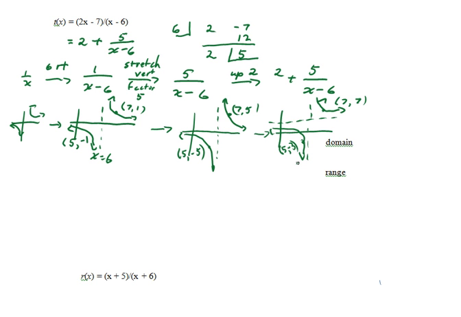So we need to avoid y equals 2 and x equals 6. The domain is -infinity to 6, union 6 to infinity. The range is -infinity to 2, union 2 to infinity.